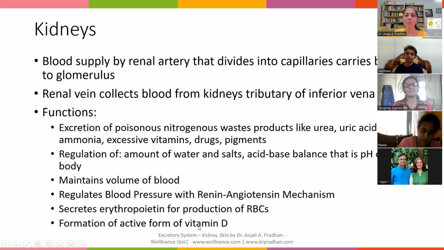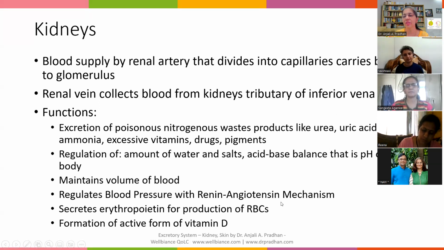Another important thing is it maintains the acid-base balance, that is the pH of the body. Through absorption of certain ions and secretion of certain ions, the acid-base balance is maintained. It also helps in regulation of the blood pressure through the renin-angiotensin mechanism.